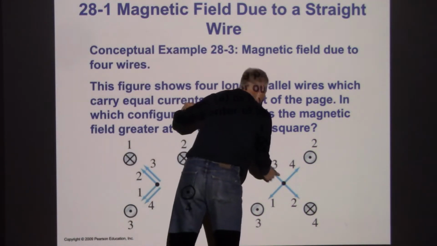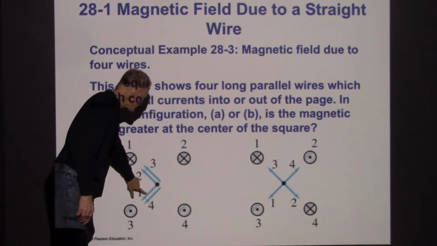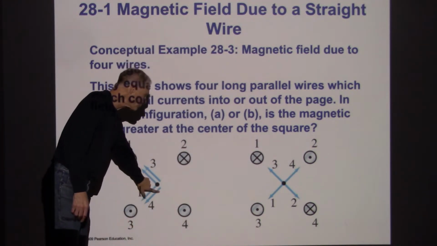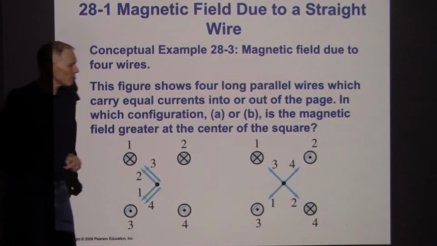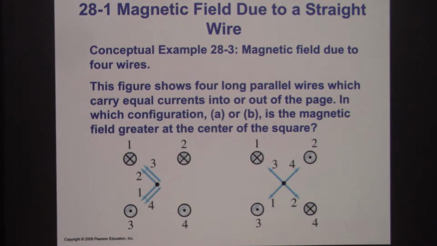So 1 and 3 are in the same directions they were before, but 2 and 4 are going to flip and be in opposite directions. And if all those currents are the same and we're right at the center between all 4 of them, we're going to get perfect cancellation. So at least at that one point, right at the center, all the magnetic effects from the 4 currents are going to cancel out.